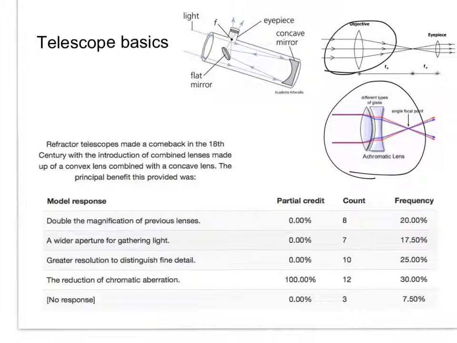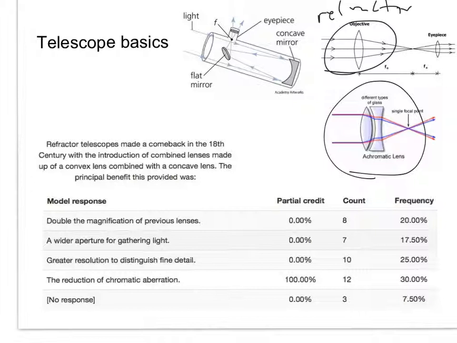The two main problems with early refractor telescopes are that these glass lenses don't necessarily focus light into a sharp point in a couple of different ways.